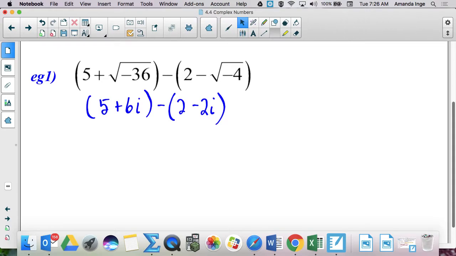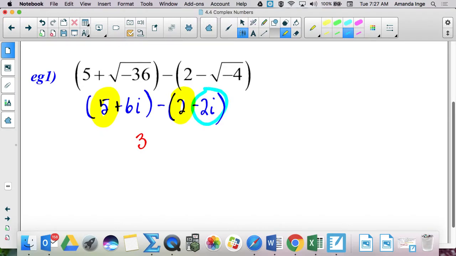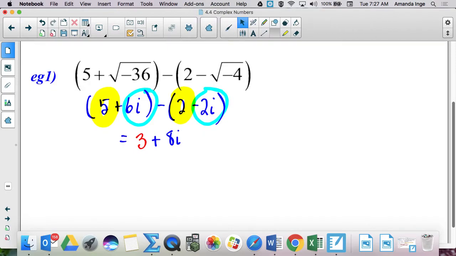Then what we want to do is add the real parts. This is a real part to this real part. So this is 5 minus 2, or 3. And then we want to combine the imaginary parts. So minus and minus makes it plus, so I get plus 8i. So in simplest form, my problem would be 3 plus 8i.